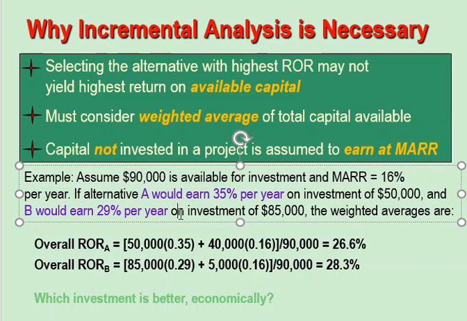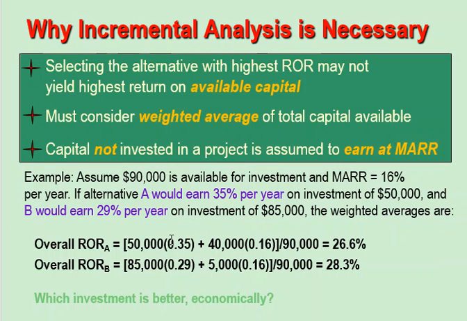So in reality, I still have $5,000 and the investment of it is 16%. So the second alternative is offering me $85,000 at 29%, plus the money left. How much is it out of 90? 5,000. And that's calculated at 16%.